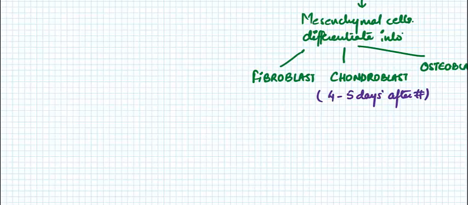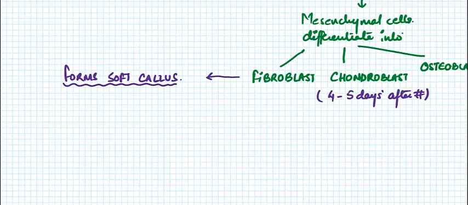Now when this proliferation starts, this stage forms soft callus. So here we have already got into the third stage of fracture healing because of proliferation or differentiation of the mesenchymal cells. Now into this soft callus will start the process of mineralization.